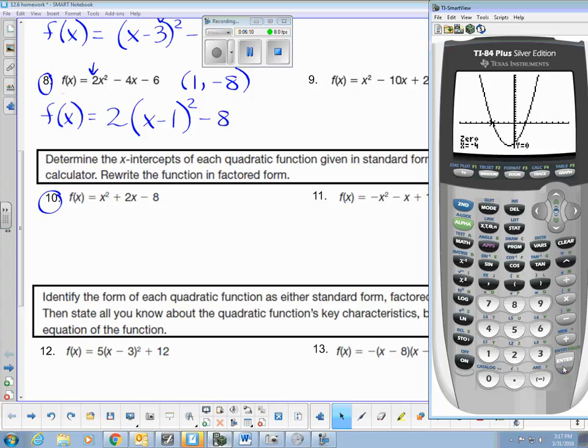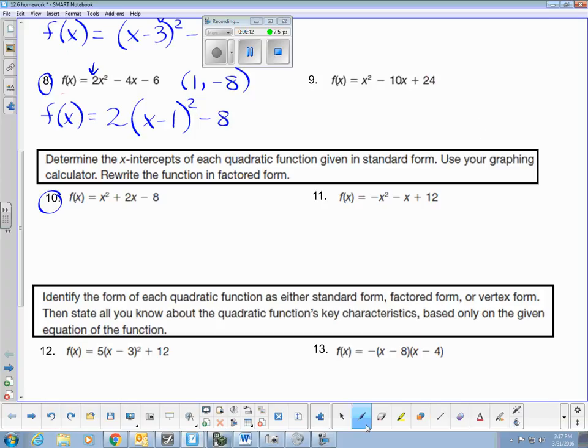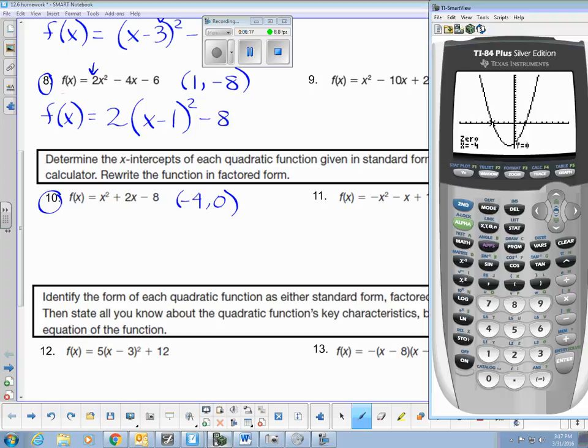Negative 4 comma 0. My second 0 is at 2 comma 0.